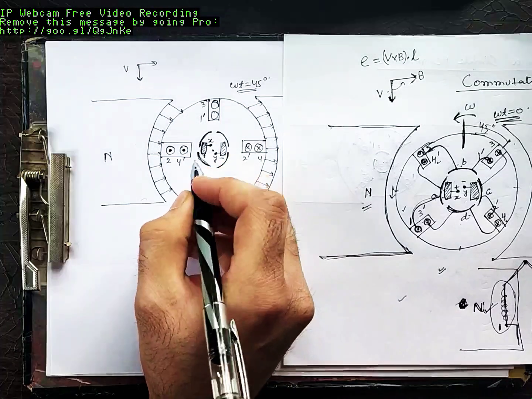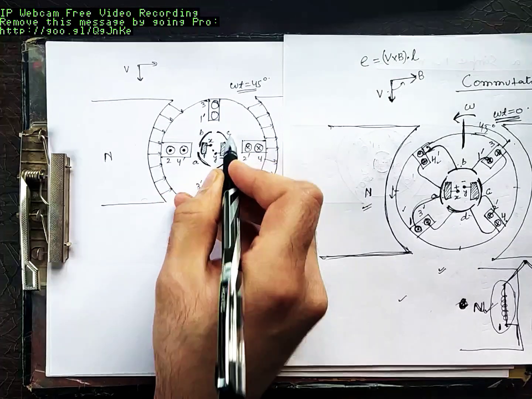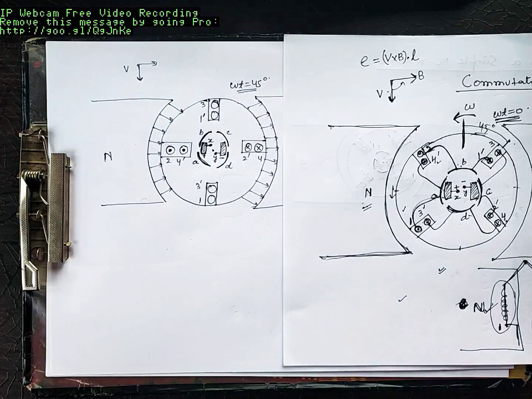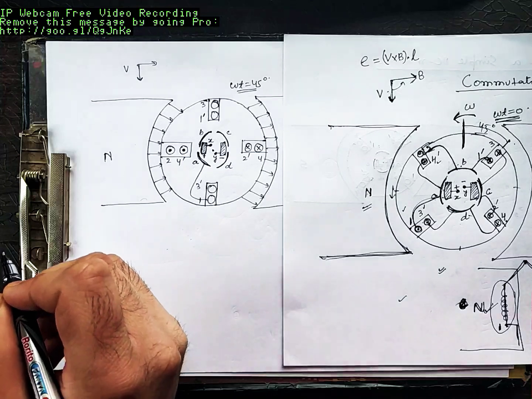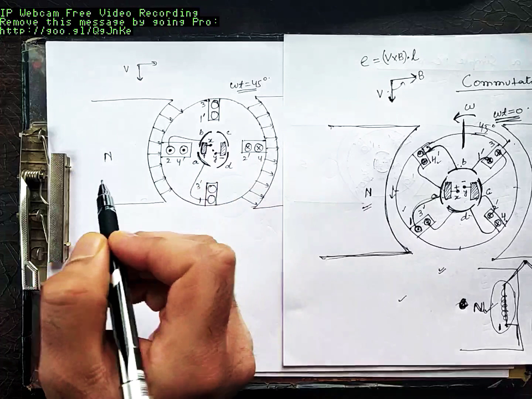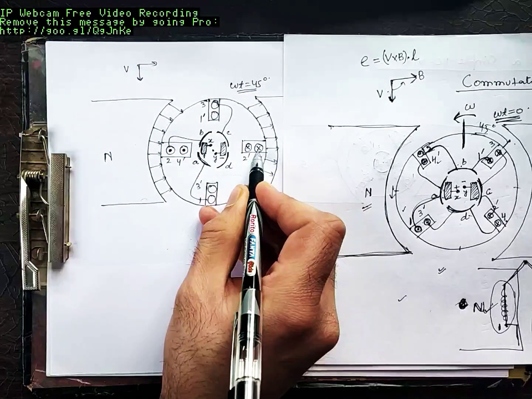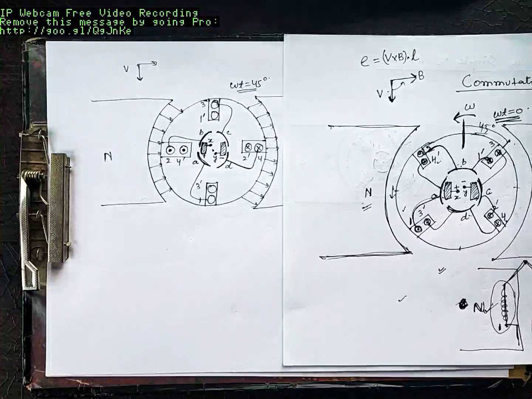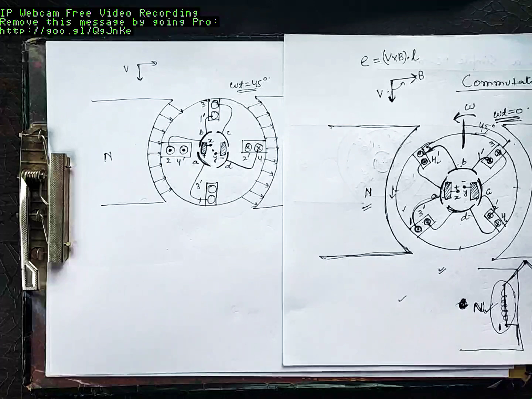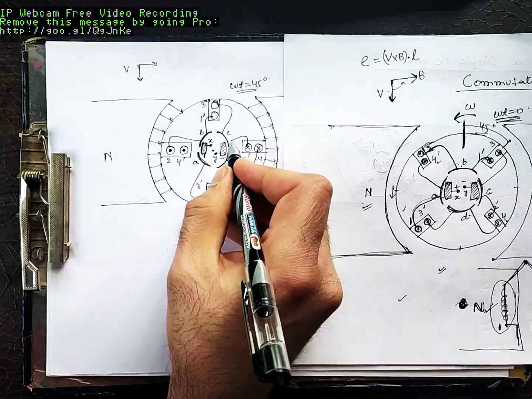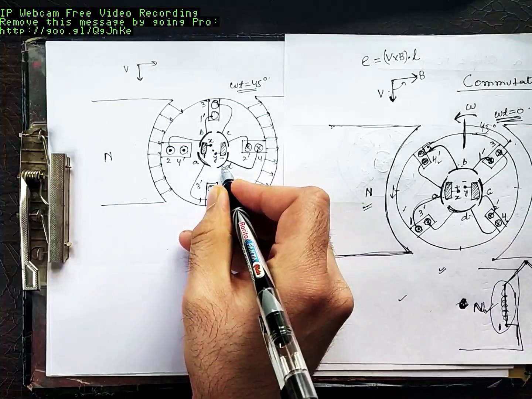This is commutator segment A, this is commutator segment B, this is commutator segment C, this is commutator segment D. 1 is connected to A, 2 is connected to B, 3 is connected to C, 4 is connected to D. Fine. 1 prime is connected to B. 2 prime is connected to C. 3 prime is connected to D. 4 prime is connected to A.